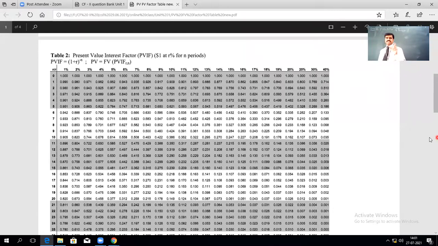The third step is calculation of present value of cash inflows. So draw now the table. We will do it in table format, very easy for you. First column is year, second column is cash flow after tax, CFAT, and then discount factor.